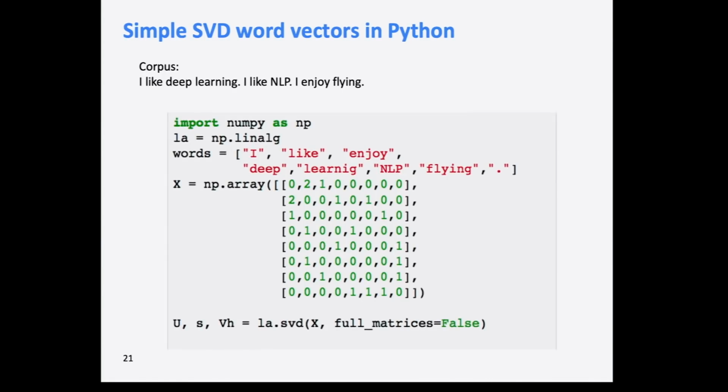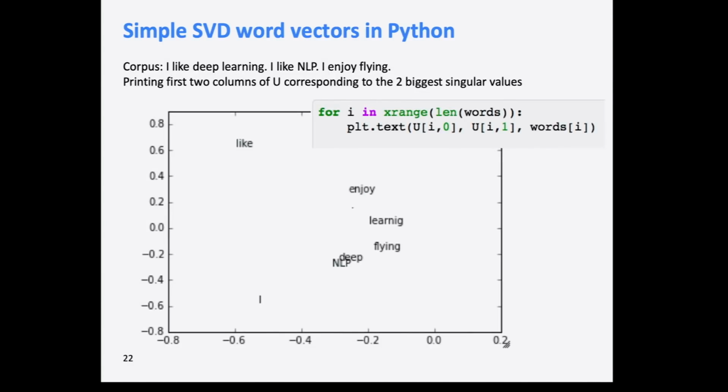I can make use of NumPy's SVD function, throw matrices into it, and make word vectors. These ones look really bad, but hey, I gave it a data set of 3 sentences, so this isn't exactly a fair comparison.